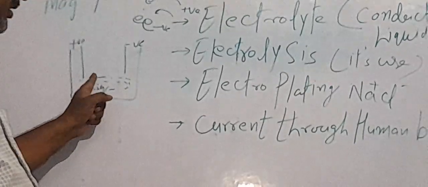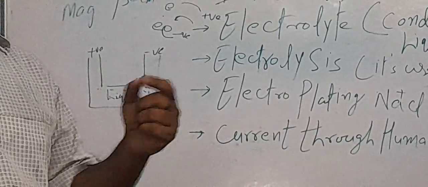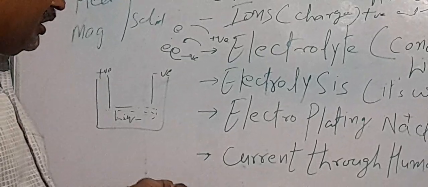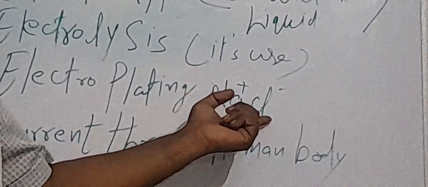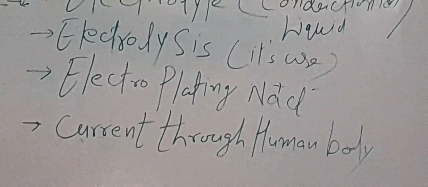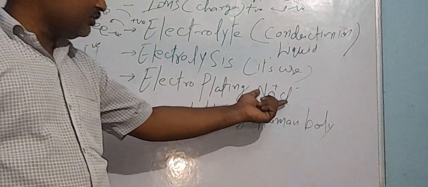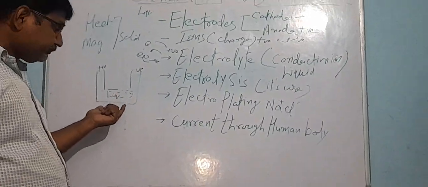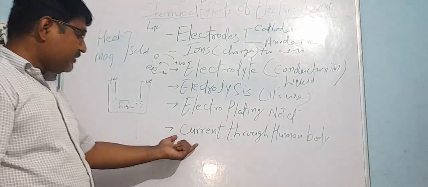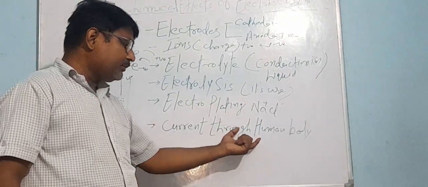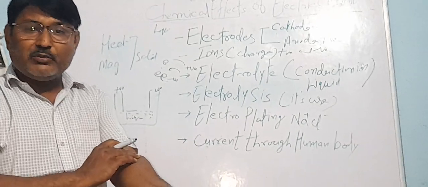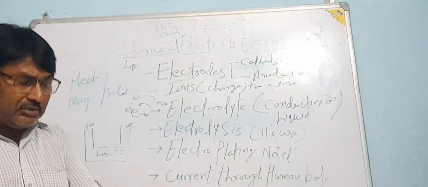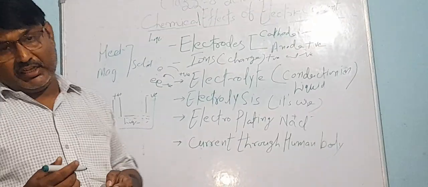So to make this, we add something, either acid which has positive ion or some salt that has both, right? So that's why electrolysis. So sodium is positive ion and chlorine is negative, so it will make charge. So same thing here in the current through the human body. In human body we have the water molecules. It is not simple water molecules, it has the salt molecules. So it is highly charged.